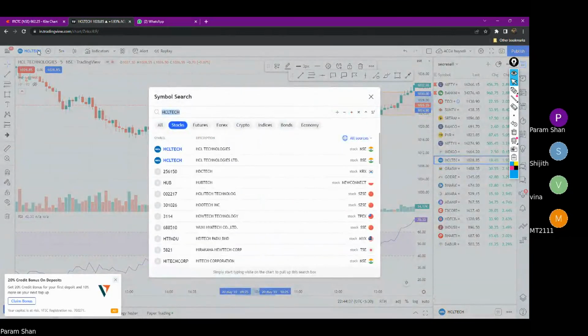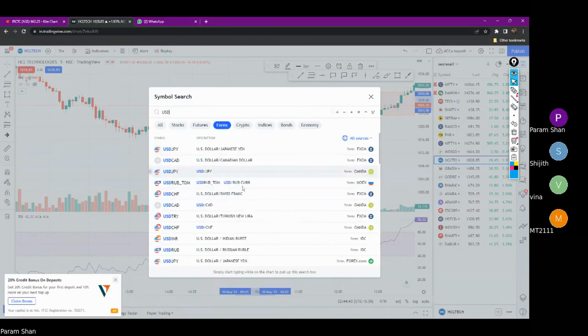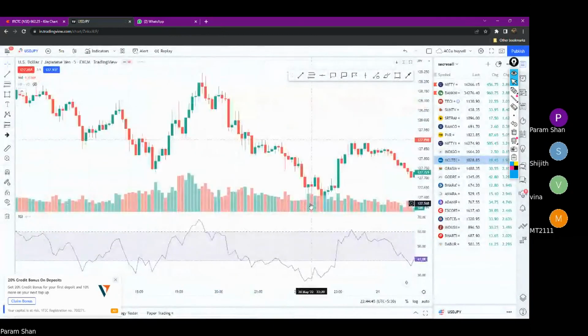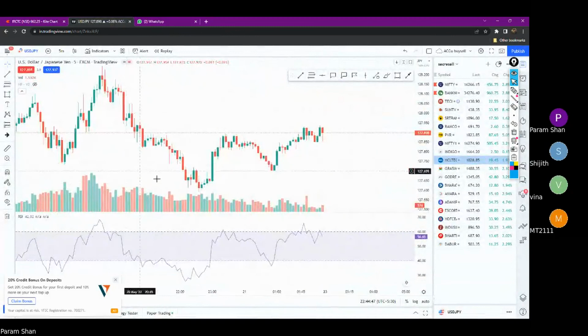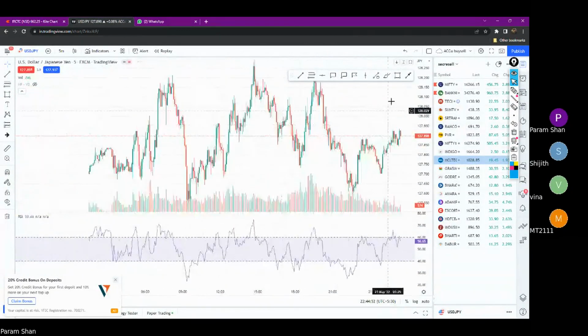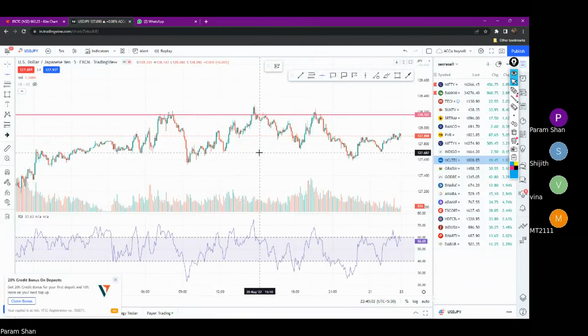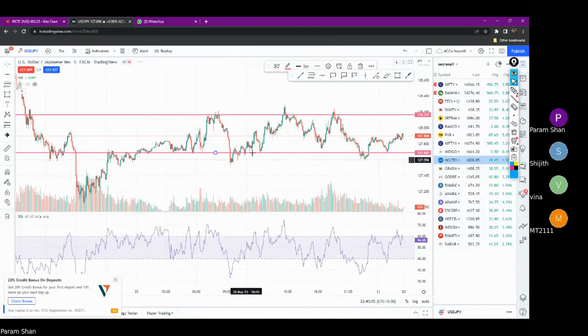Let us see. Let's take currencies. Where is currencies? Forex. Let's take this. When we are looking at this, we can first play with our resistance and support. And if you see, the price was trading between this range only. Without this range, it did not go anywhere.